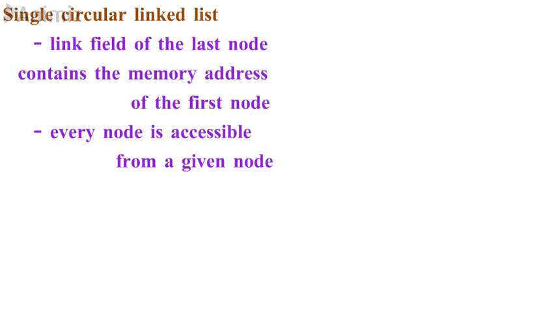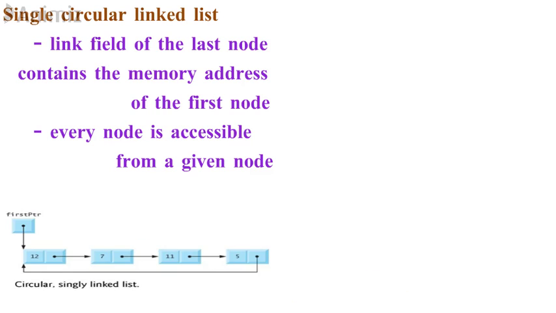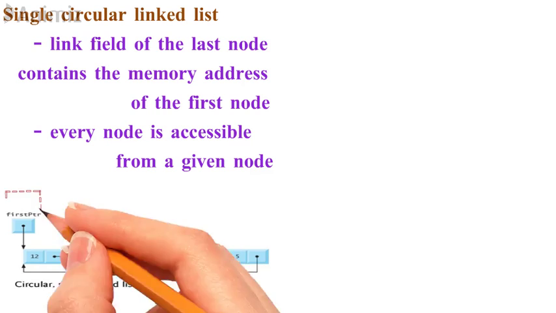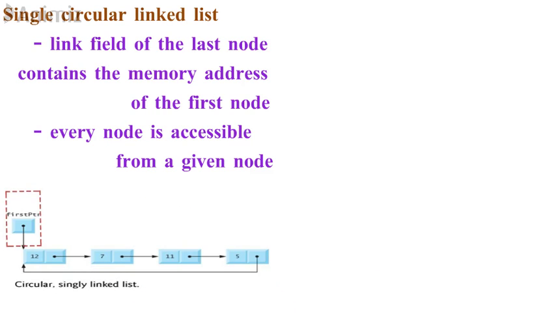Now it is single circular linked list. Here each and every node will have the information and the link to the next node. The link contains the address of the next node that is present in the list. In addition to this, the last node is connected to the first node.